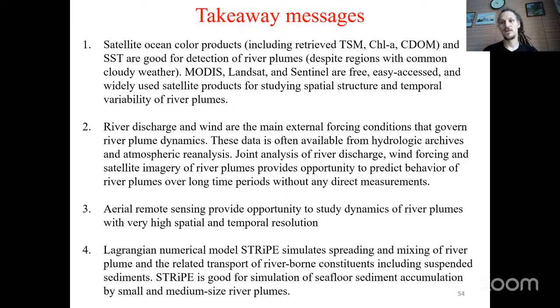So for small plumes, about 1 kilometer wide, it is Sentinel and Landsat, and for plumes from 1 kilometer to 10 kilometers, it's better to use MODIS. And if your plume is greater than 10 kilometers, maybe from 10 to 50, then you should think about sea surface salinity. It's SMAP and SMOS, sea surface salinity.